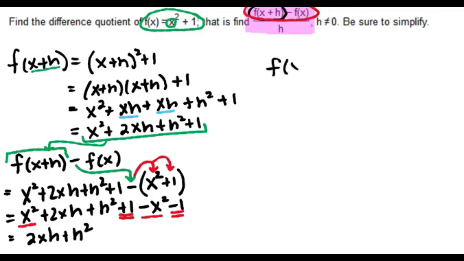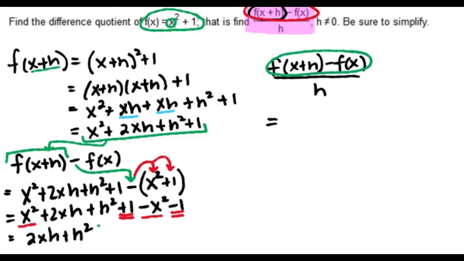That's f of x plus h minus f of x over h. And once again, I'm going to reuse my work. We calculated the whole numerator to be 2xh plus h squared.